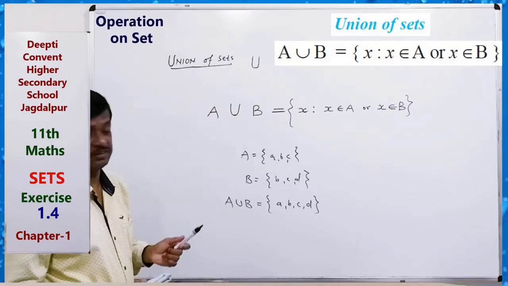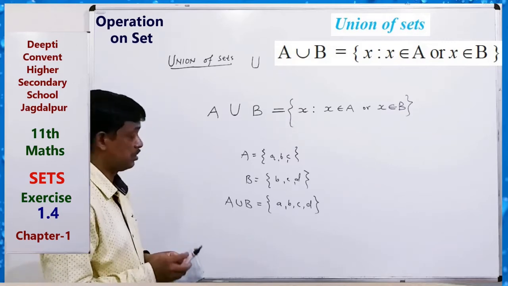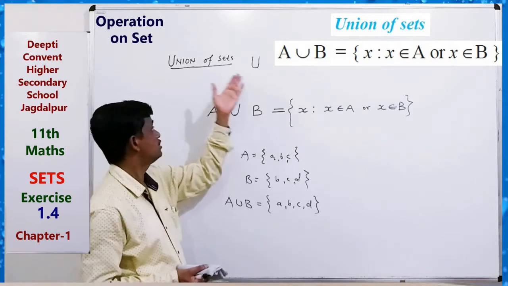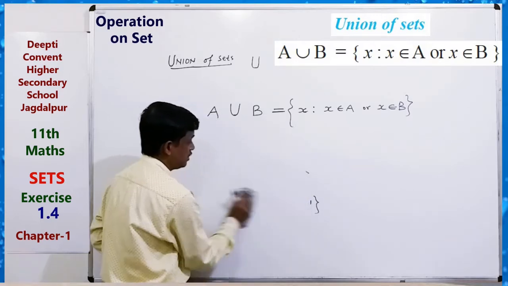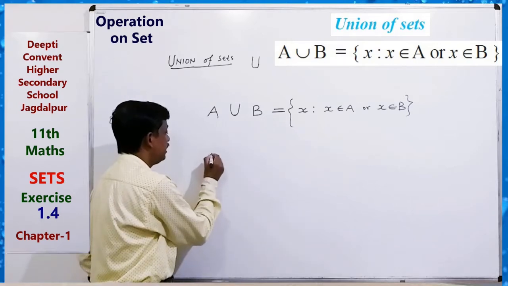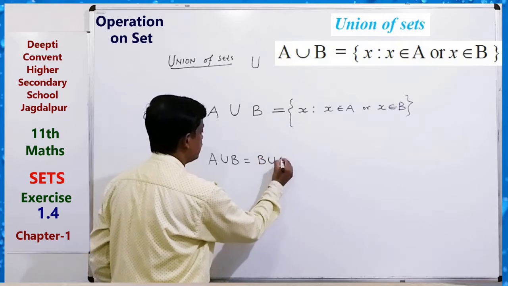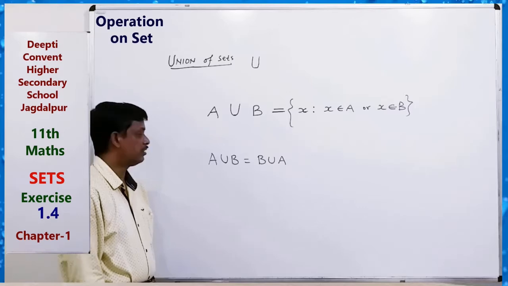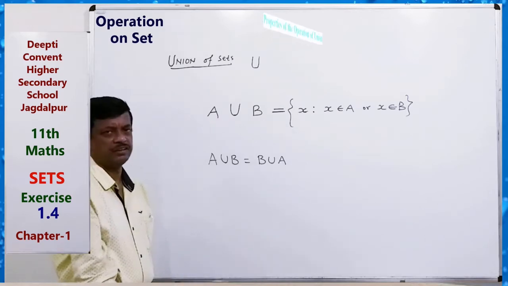Now, the properties of this operation. We will also require the properties of operations. The first operation is union. The first property is A union B equals B union A. You can write first A and then B, or B first and then A, and we will get the same thing.